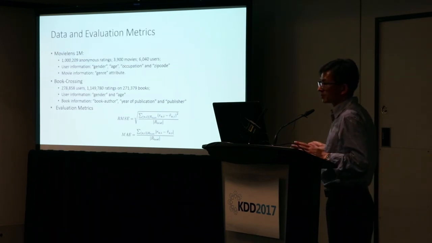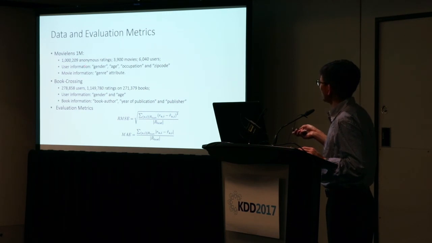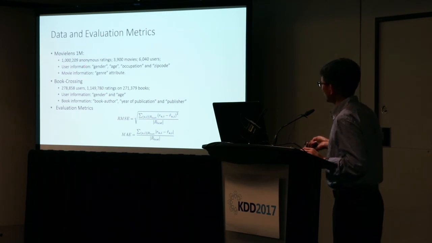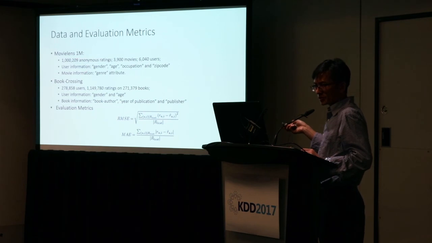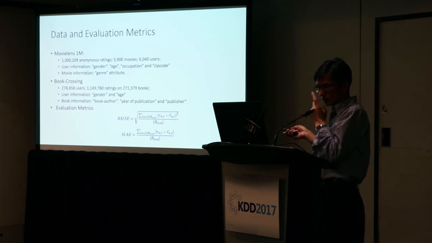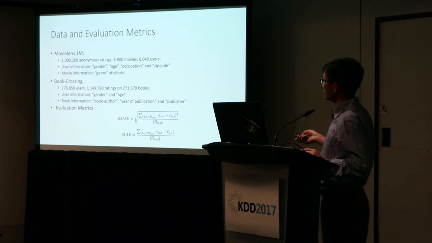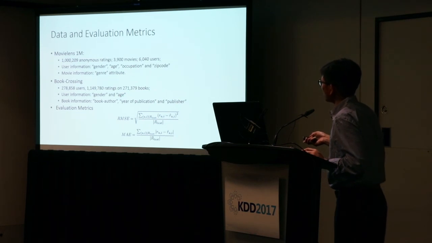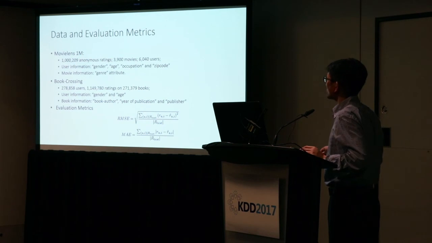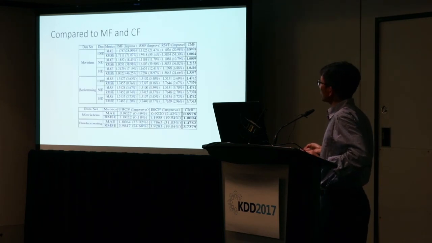We just use public data like MovieLens 1 million and Book-Crossing, but they really don't have much user and item information, so it's very limited. Even with very limited user and item information, we want to see whether we can make some improvement.